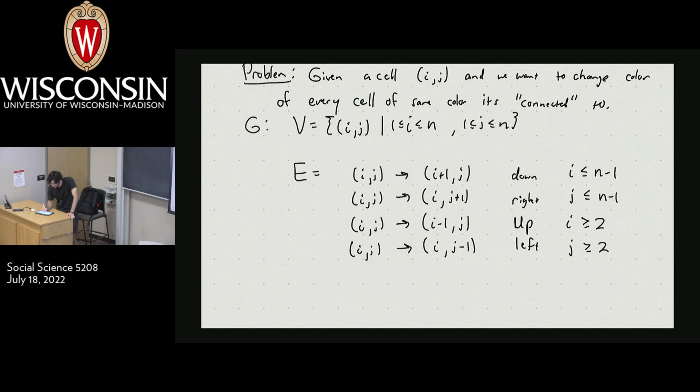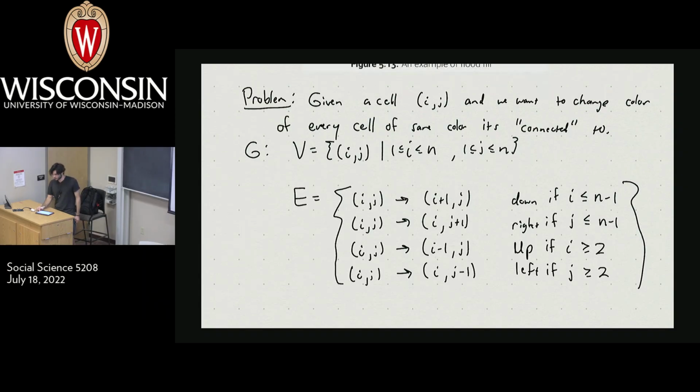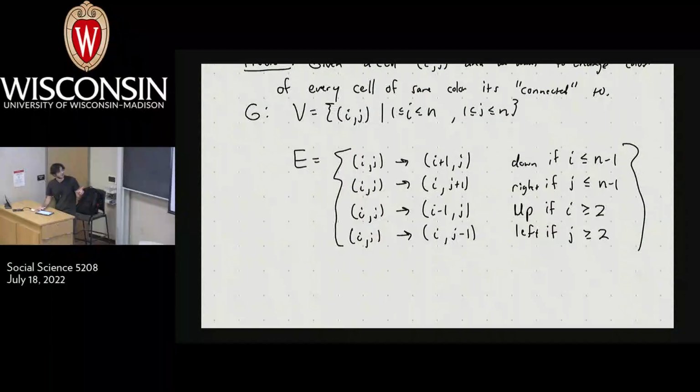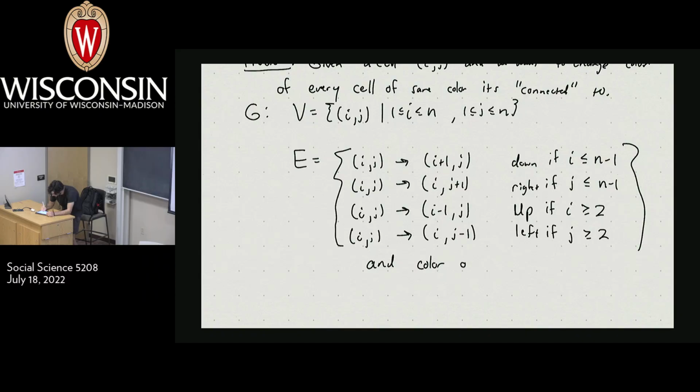So you could read this as you have this edge if this condition is true. If the condition is not true, you should not add that edge. But those aren't the only conditions, because we should also consider the color. So I'll just put an and: color of new cell equals color of old cell.